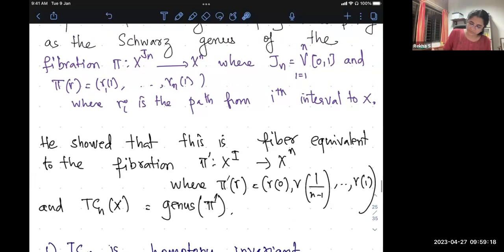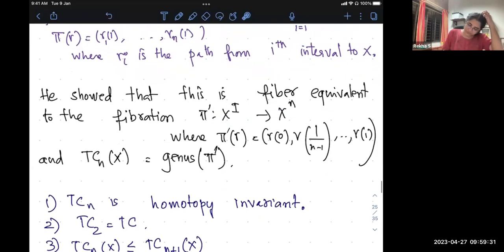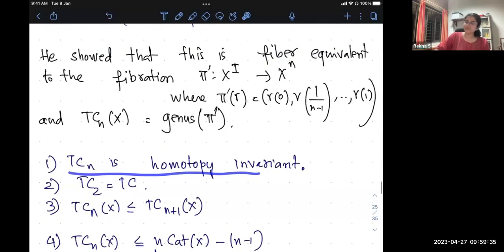So for the purposes of this talk, we are going to think of higher topological complexity as the genus of this phi prime, which is taking the path space to the projection onto n different points. So Rudyak showed that this is again going to be a homotopy invariant object. And in this second notion, it's clear that TC2 is the same as TC, which we defined earlier.